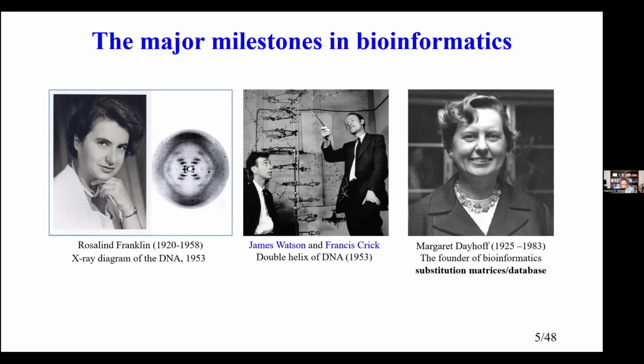But in fact, there were some scientists before them a while ago, and DNA was first discovered maybe in 1886 by Friedrich Miescher, who discovered it when he tried to extract protein from white blood cells, and he discovered a new material, and he called it nuclein.